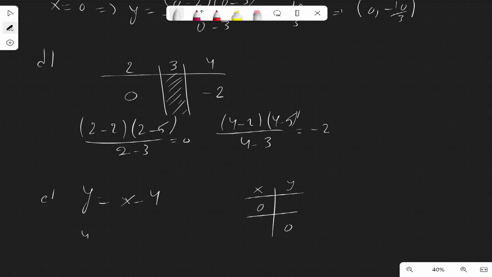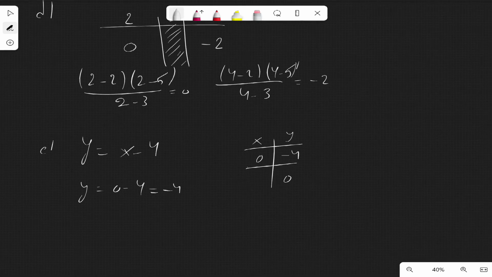Replace x equal to 0, so y equals 0 minus 4, which is negative 4. And then we replace y equal to 0, x minus 4 equals 0, which means that x equal positive 4.